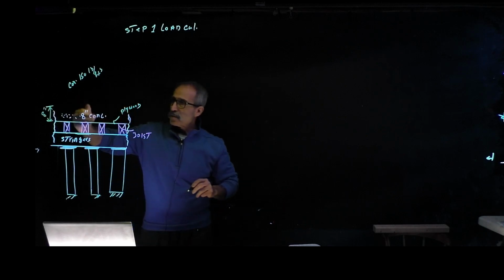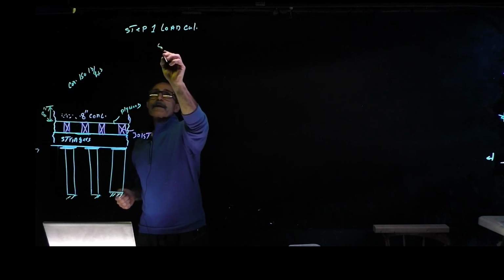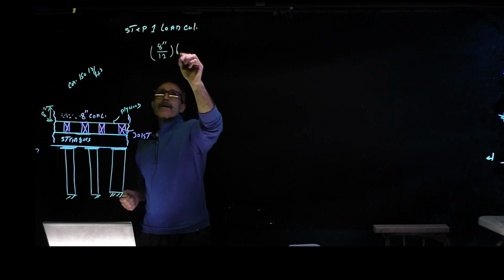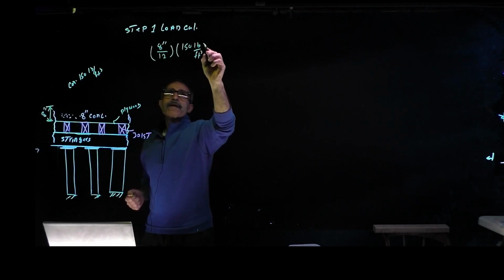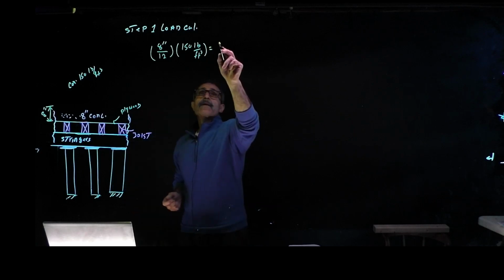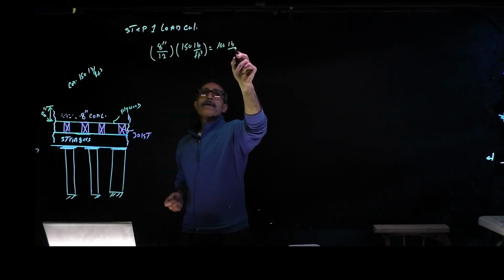We calculate that load: 8 inches divided by 12 multiplied by 150 pounds per cubic foot of concrete gives us 100 pounds per square foot.